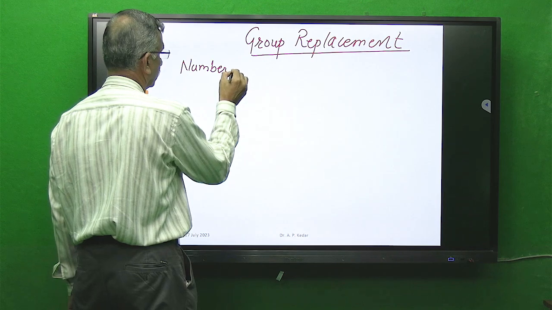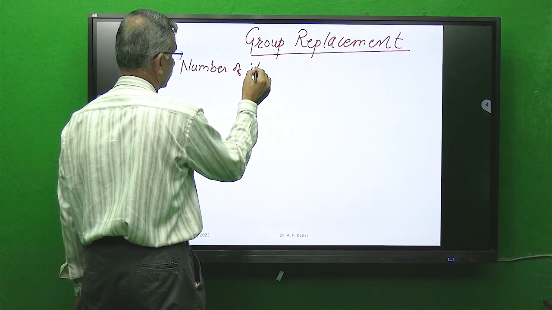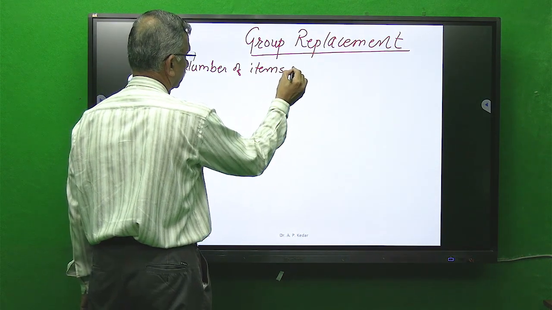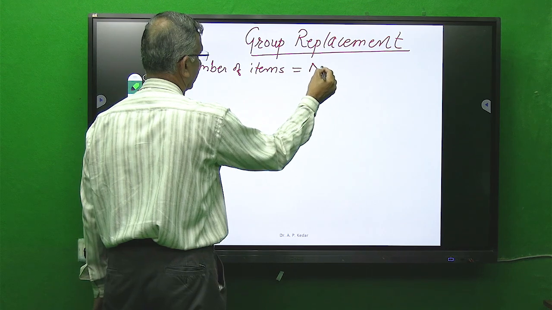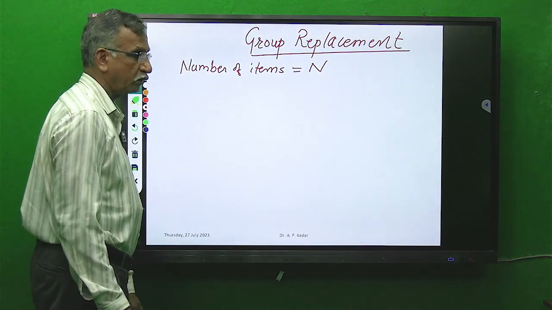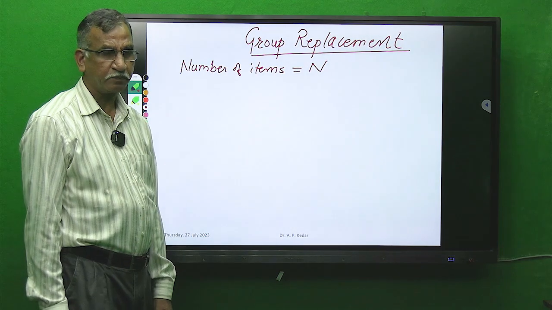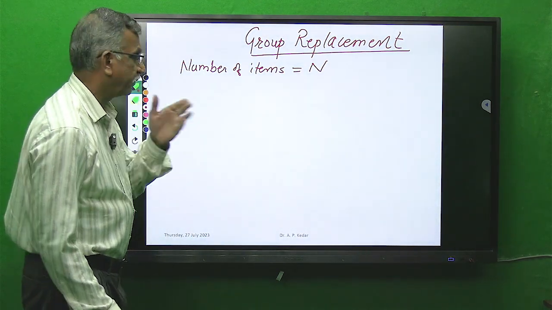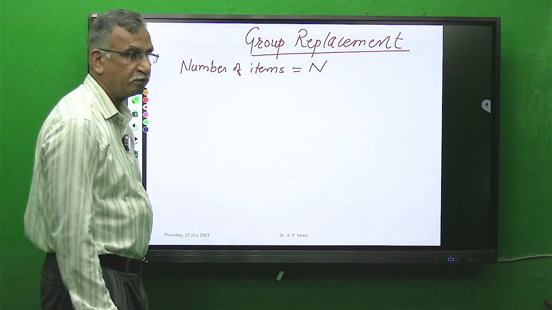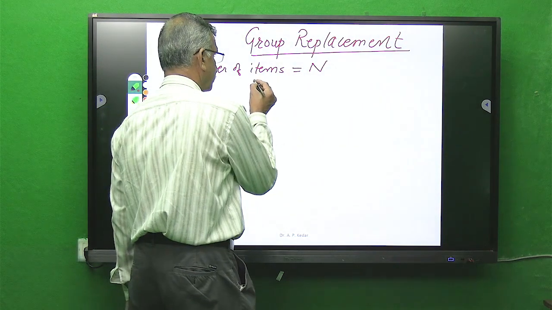The total number of items or components, we will be calling it n. Remember, if this n is not given in the problem, you can assume it.